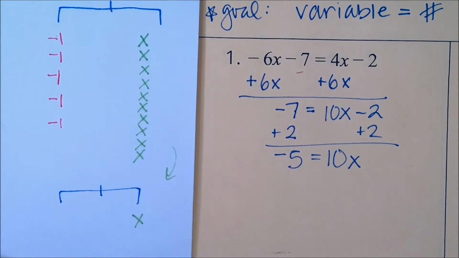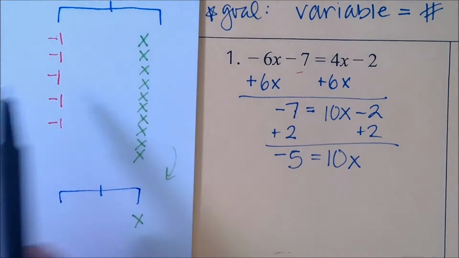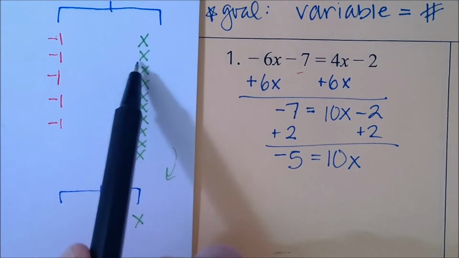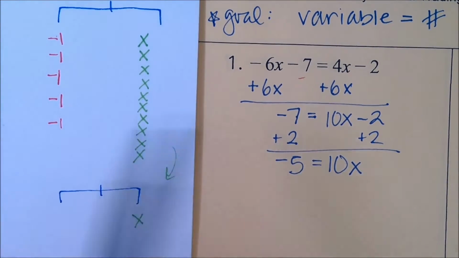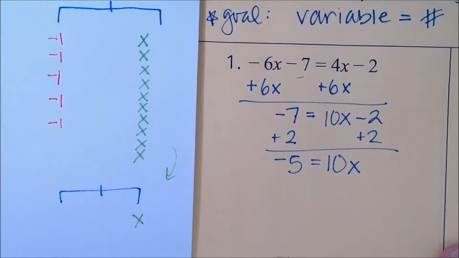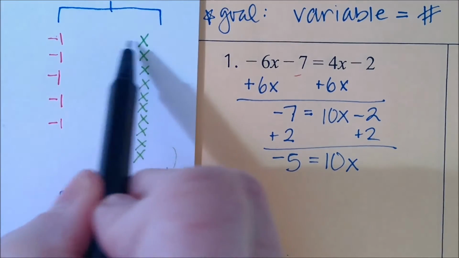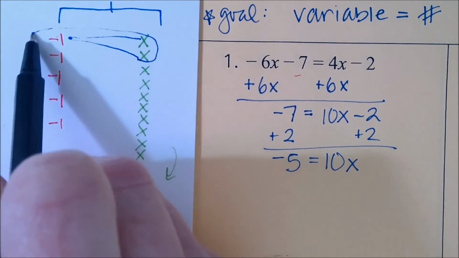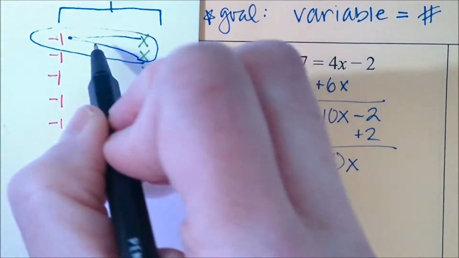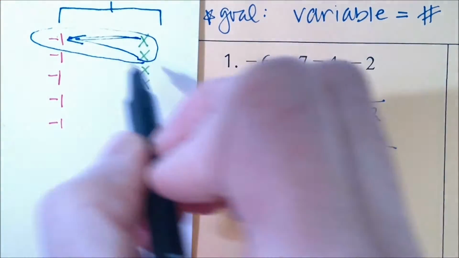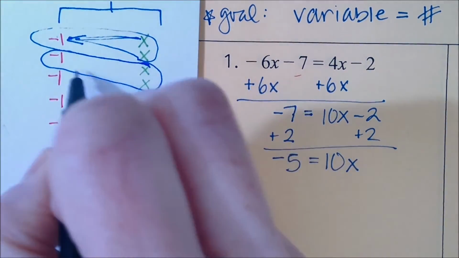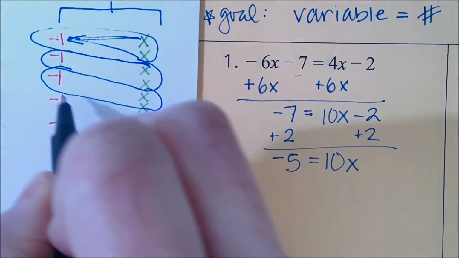Now, if we think about the hanger, I can't really match up 1x with a negative, because if I did that, I would have x's left over. If I were to group, I would group, sorry, I tried to add like an arrow, but I would have to group 2 x's for every 1 negative.